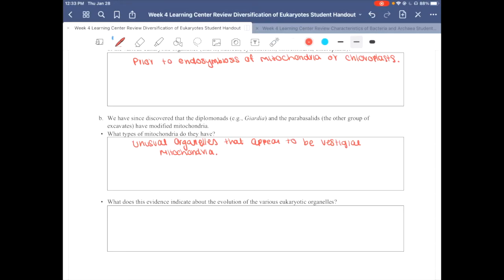And what this observation indicates is that ancestors had mitochondria, but then the organelle was lost or reduced over time. And that supports why vestigial mitochondria can also be seen.